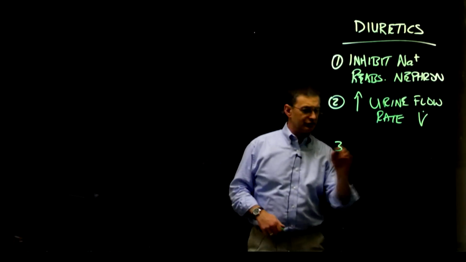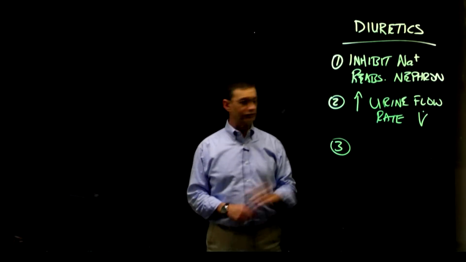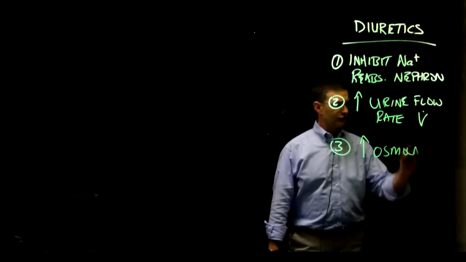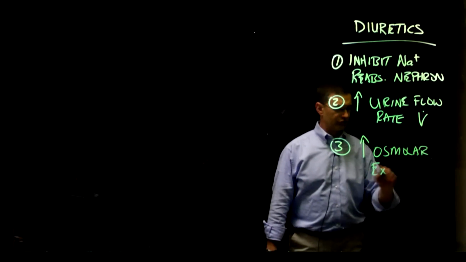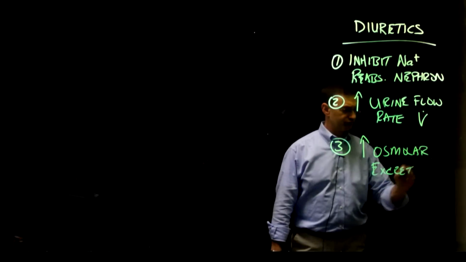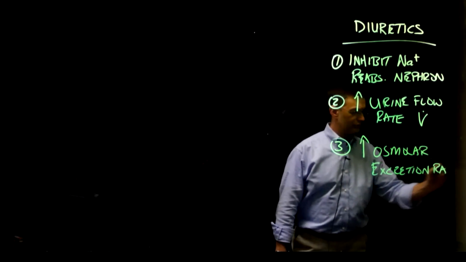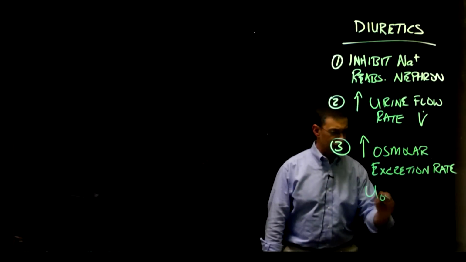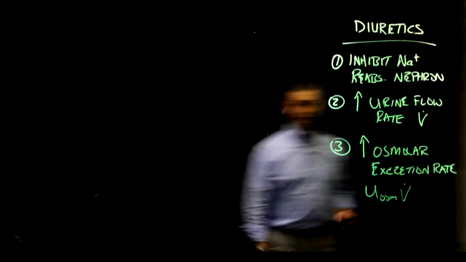And finally, all diuretics will increase osmolar excretion rate, and that's often represented as UOSM V.